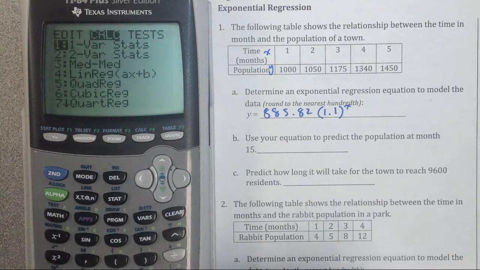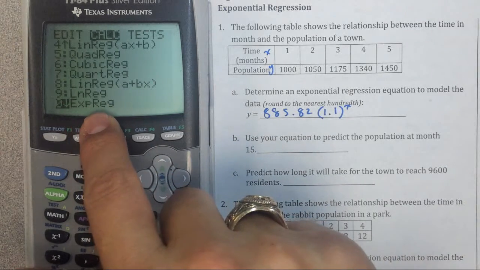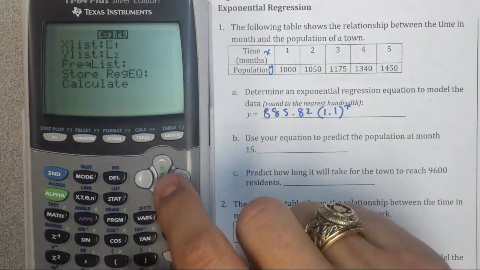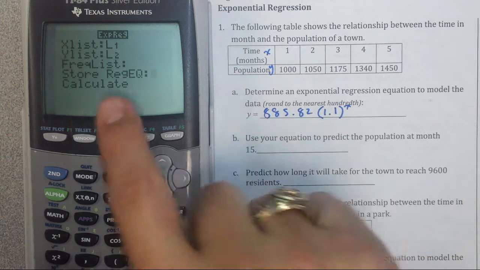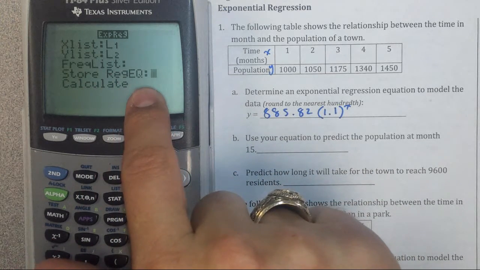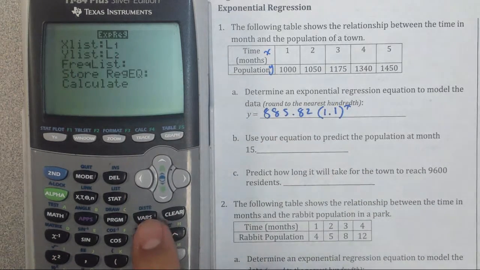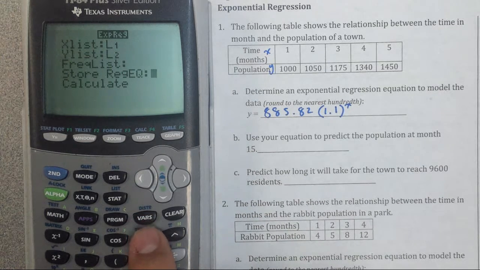We're still going to go down to the exponential regression, press enter. But what we're going to do here where it says store reg EQ, we're going to stop here, and we're going to use this key right here below the little arrow pad that says vars.